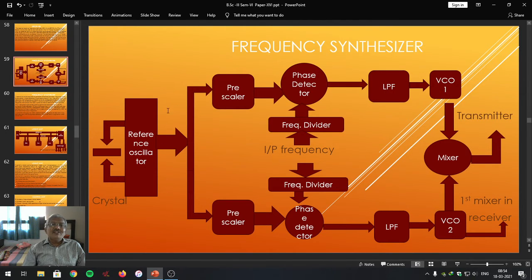This frequency synthesizer unit makes use of a crystal. This is the crystal. We have studied a crystal oscillator in basic part 2. It is used to generate the stable fixed frequency necessary for the frequency synthesizer.